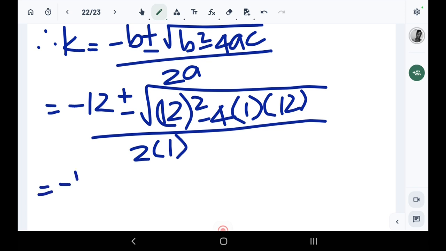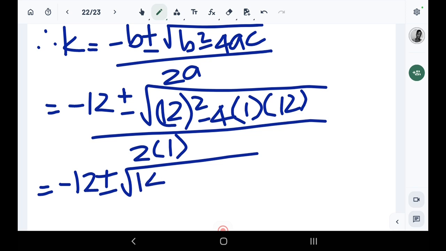That is negative 12 plus or minus the square root of 12 squared, that's 144, minus 4 times 12, which is 48.